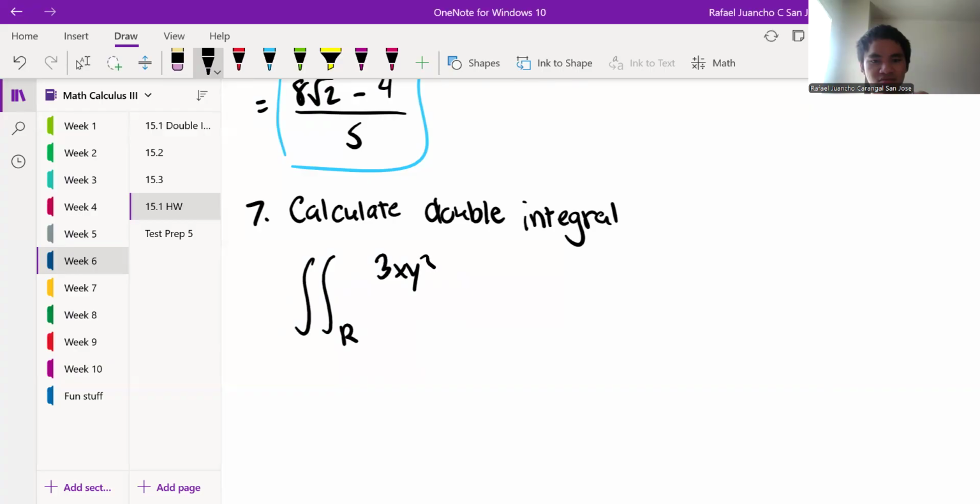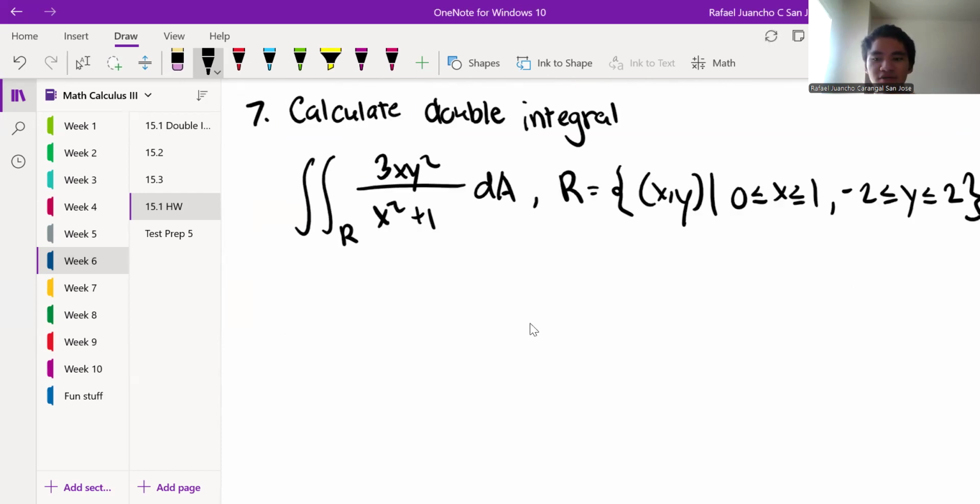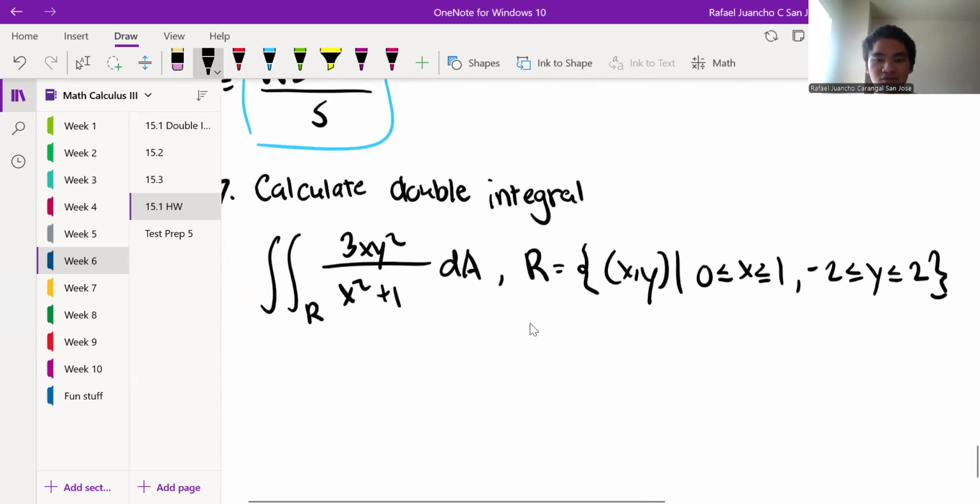This is our function of two variables, dA, and my region R is this value here. And my x, my y is from there, right? So how do we do this?